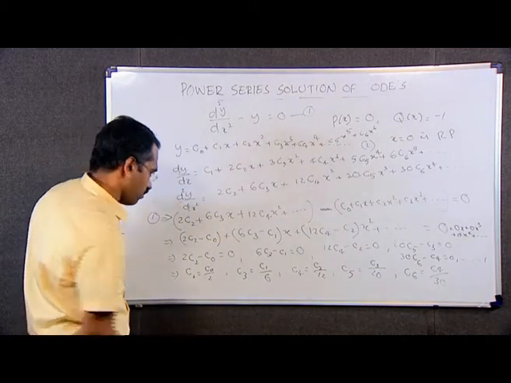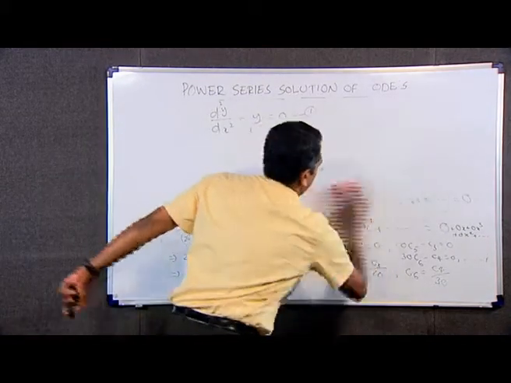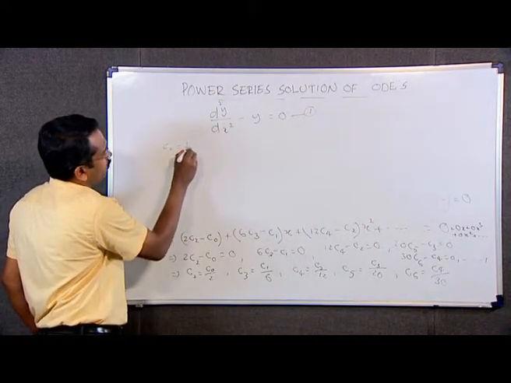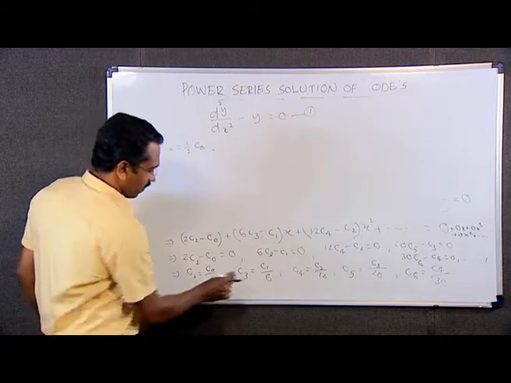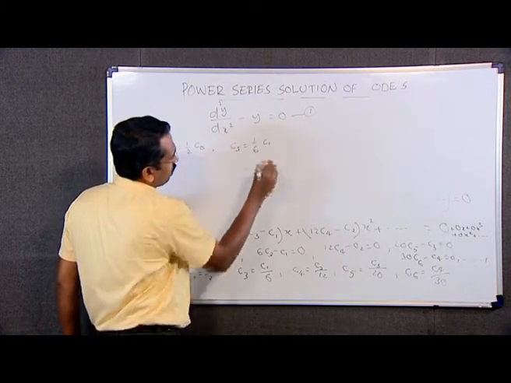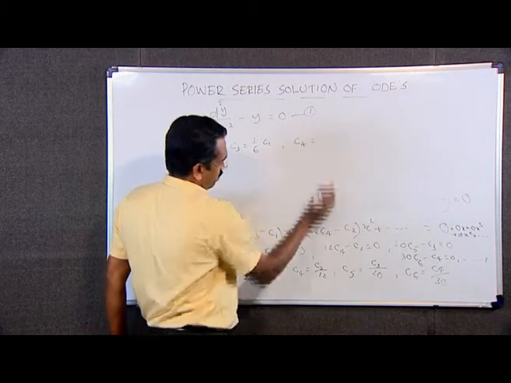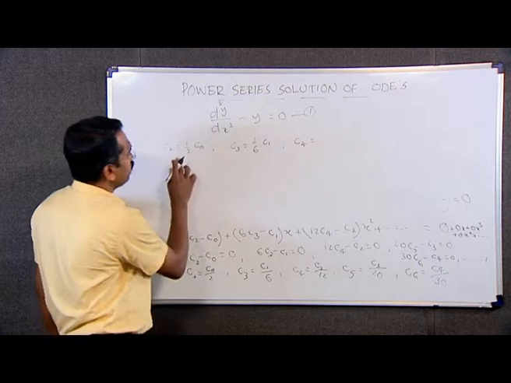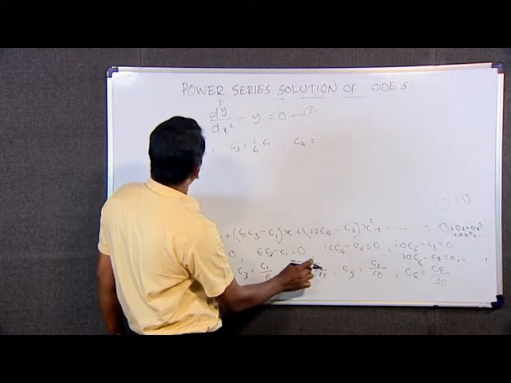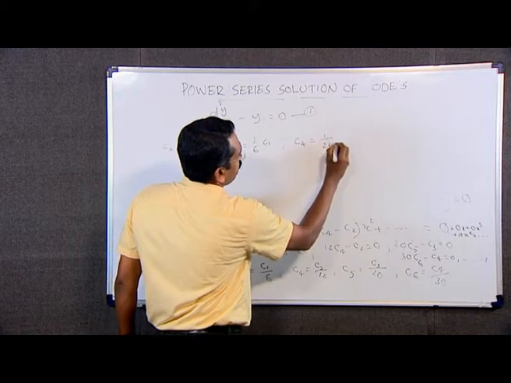That means we obtained C2 as 1 by 2 into C0, C3 as 1 by 6 into C1, C4 is C2 by 12. But C2 is 1 by 2 into C0. Therefore, we will get this as 1 by 2 C0 divided by 12 means 1 by 24 C0.